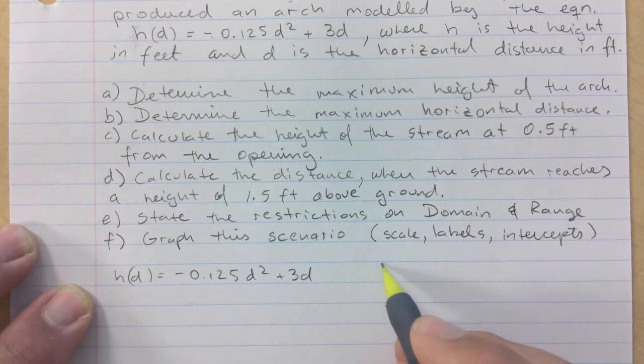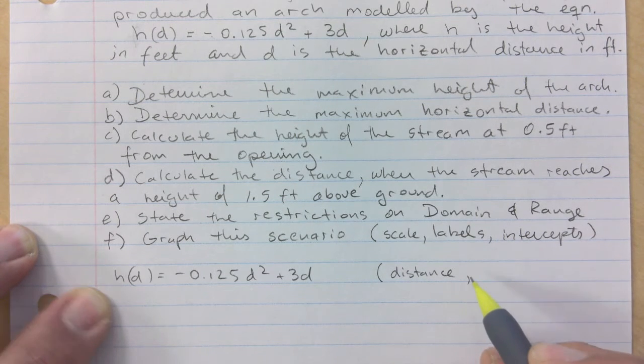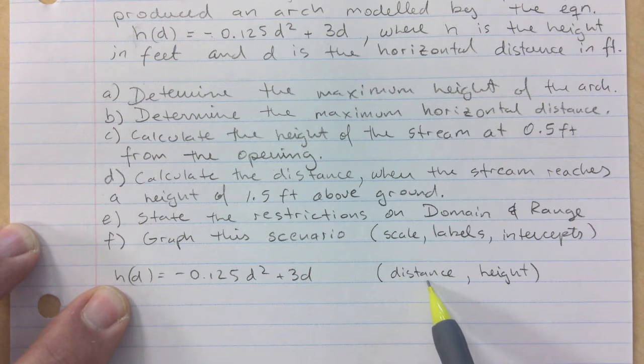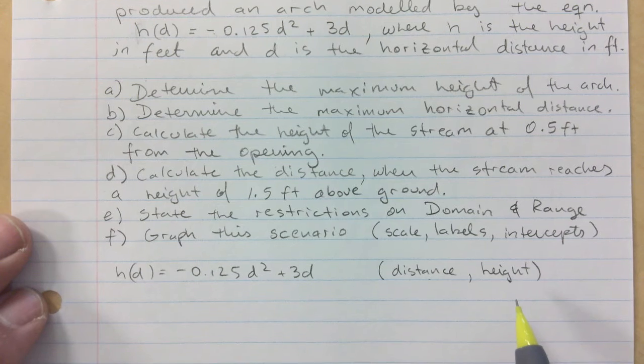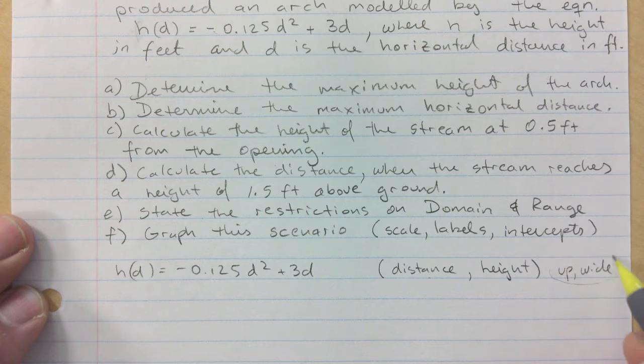So really, every point on this graph is going to be distance and height. Okay, so if you find a point, you know that the first number corresponds to distance, the second number corresponds to height, okay? So that's just to start off, right? And we're going to say up, wide. This is just for us.